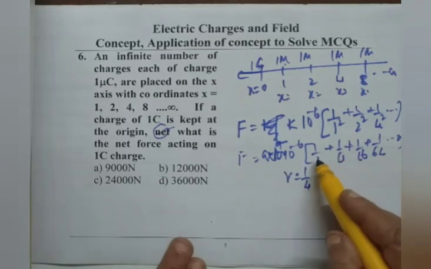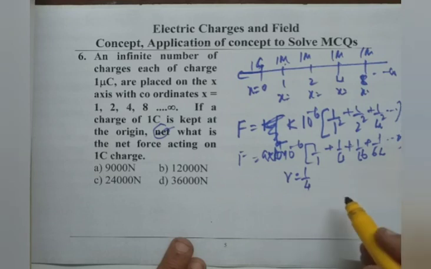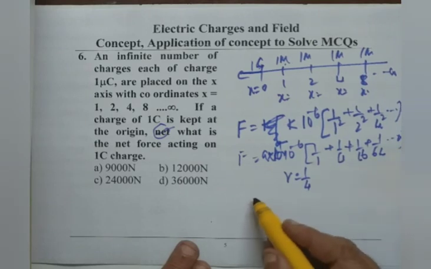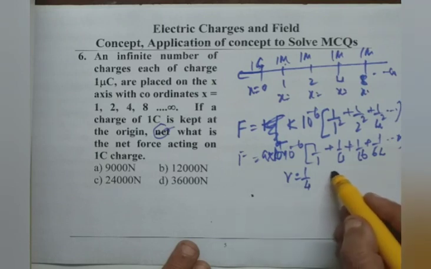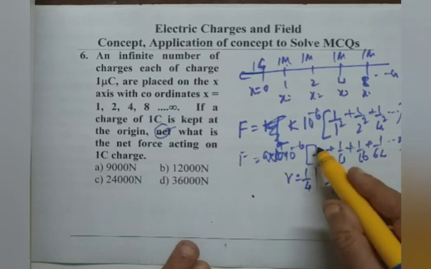Say 1 by 4 divided by 1 is 1 by 4, 1 by 16 divided by 1 by 4 is 1 by 4, 1 by 64 divided by 1 by 16 is 1 by 4, like that. Therefore, the common ratio is 1 by 4. When we sum a geometric progression to infinity, we have the formula a by 1 minus r, where a is the first term.